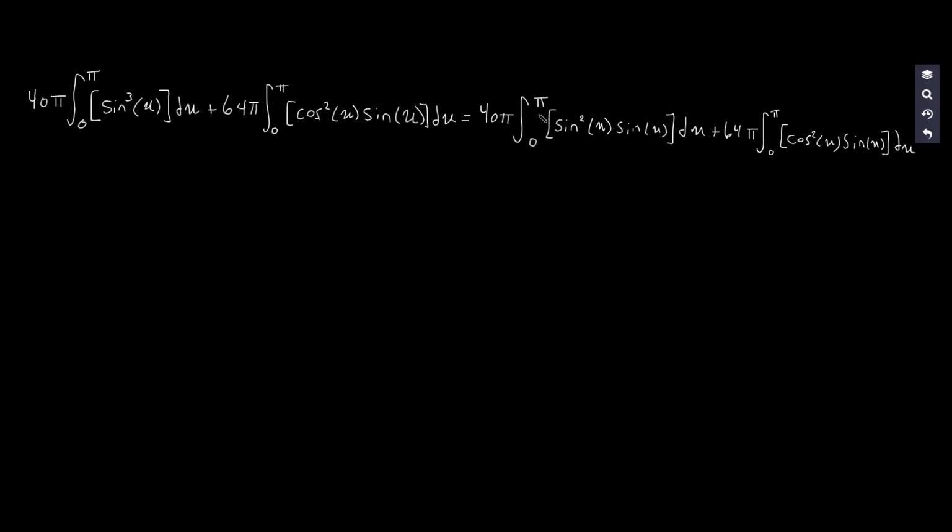I think probably this first one here, sine squared. Well, we know that sine squared of theta plus cosine squared of theta equals 1. So if I move that cosine squared of theta to the other side, then I could say that sine squared of theta equals 1 minus cosine squared of theta.